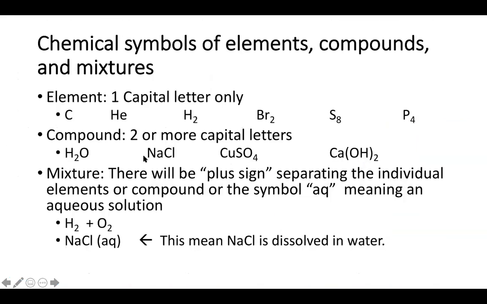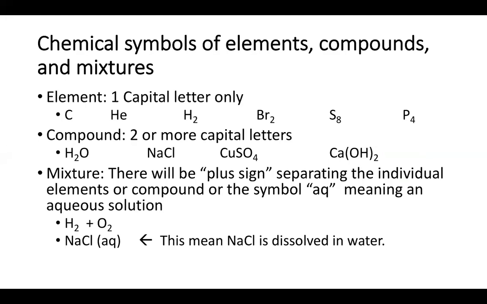All right, so chemical symbols of the elements, compound, and mixture. You can see here, an element has one capital letter only. Only the first letter is a capital; the later ones are all lowercase. If you have two or more capital letters, you know it has more than one element in it. For example, NaCl: Na is one element, Cl is another element.